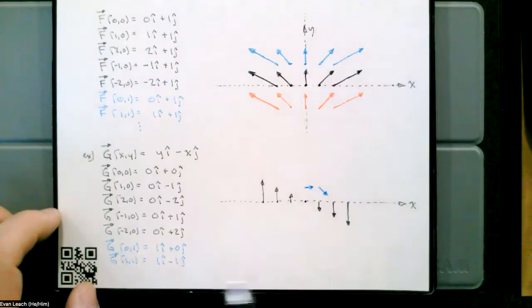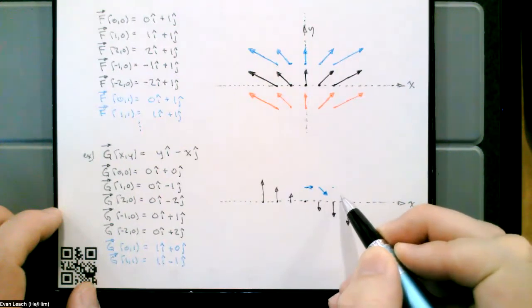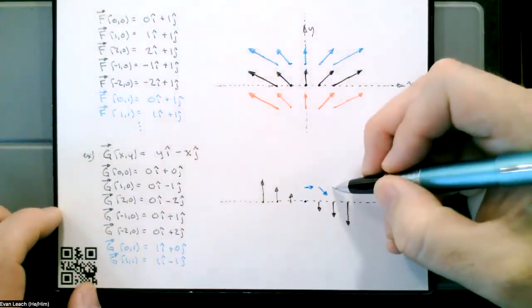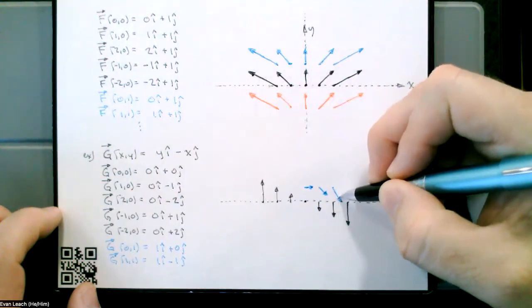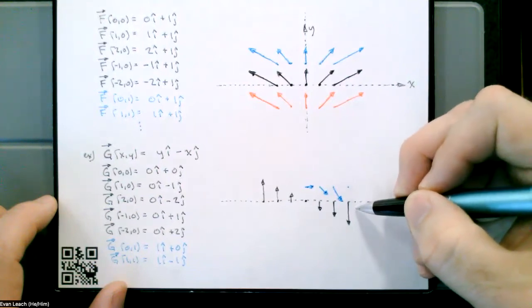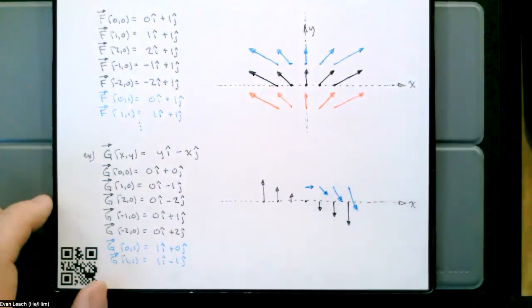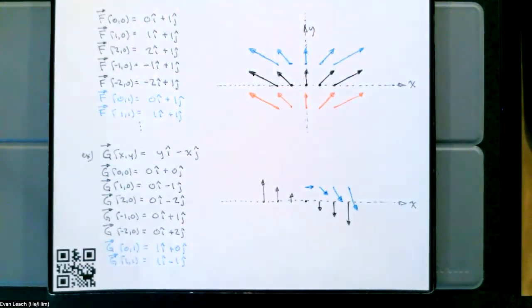At the point 2, 1, I will have 1i minus 2j. And at the next point, I'll have 1i minus 3j. If I go in the other direction, I'm going to maintain this 1i because I'm looking at all the points where y is equal to 1.